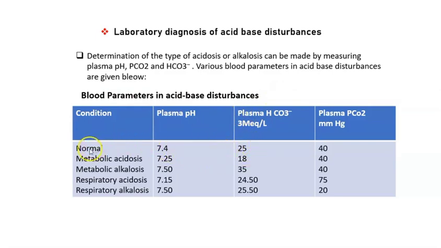These are the normal ranges. The normal range of plasma pH is 7.4. You already know it. Then the normal range for plasma hydrogen carbonate is 25. The normal range for plasma pressure carbon dioxide is 40. And so these are the ranges for metabolic acidosis. If you carry out a test and the level of the plasma pH is within this, you can say it's metabolic acidosis.